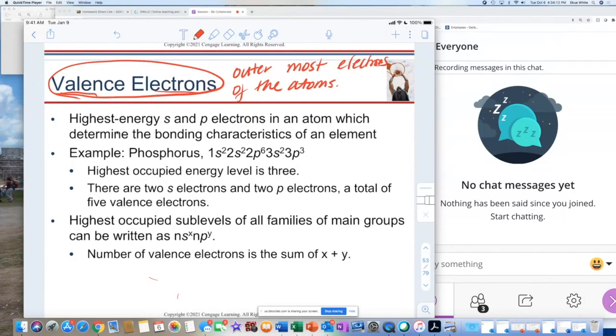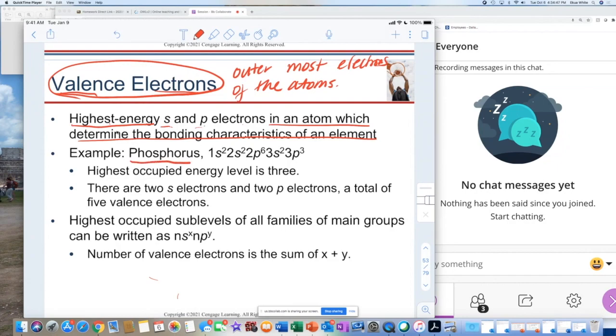They're so far away from the nucleus, these valence electrons. These tend to have the highest energy S and P electrons. So we're told here, highest energy S and P electrons in an atom, which determine the bonding character of the element. So the valence electrons will tell us about the outermost electrons, and therefore they'll tell us about the bonding behavior of the element.